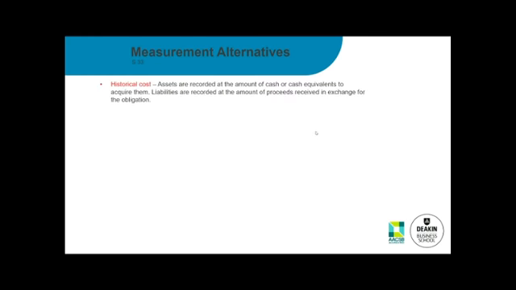So what alternatives do we have for measuring things? Well, as I said, historical cost is the most common one. We always initially record our assets at historical cost, which is the amount that we paid for them or we acquired them at the time that they were entering into our books.